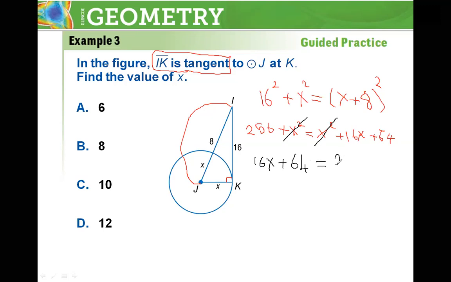After that, we subtract 64 from both sides, so it will be equal to 192. Excellent, so 16x equals 192.